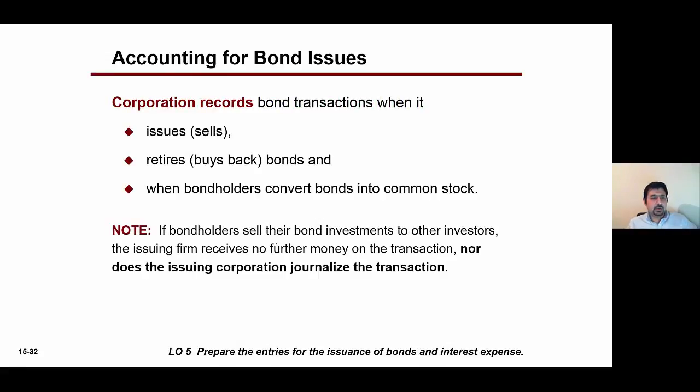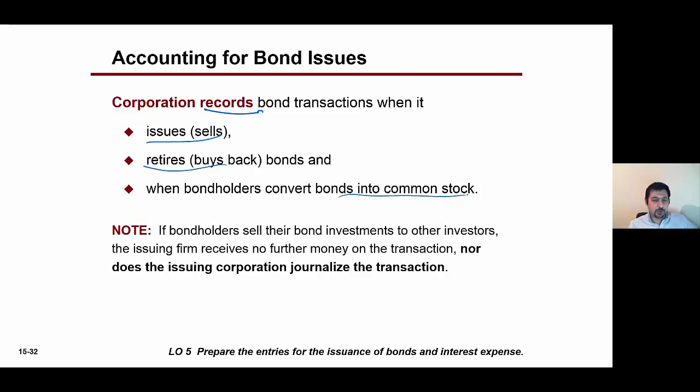Now, how do we record issuing bonds and selling bonds, etc.? When the company is dealing with bonds, the company will record transactions when the company issues the bonds, or retires or redeems the bonds, or when the bondholders convert them to common stock.